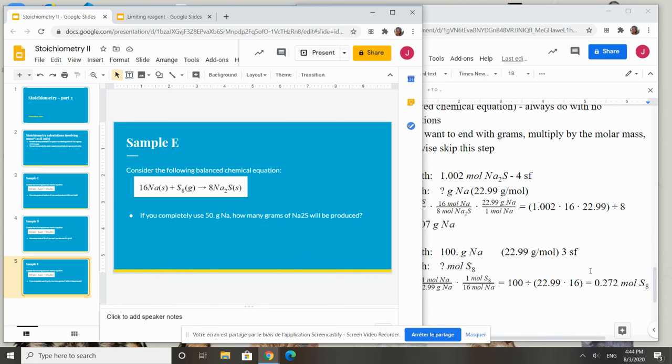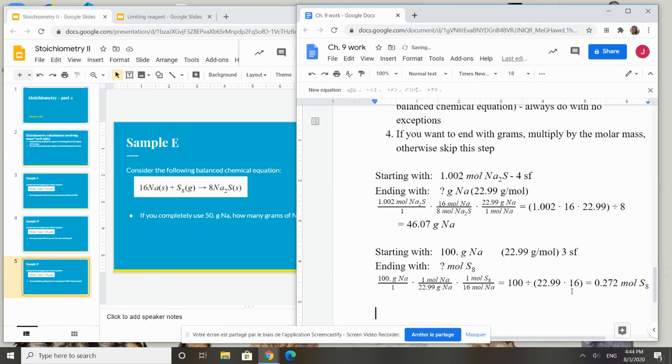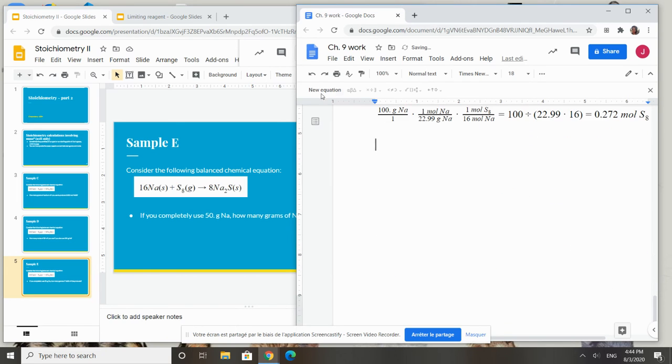All of the stoichiometry calculations that we see in this class will fall under one of the 4 categories. So I'm starting with 50 grams of Na. I'm going to put the molar mass here because it's in grams. I'm also going to jot down that there are 2 sig figs.